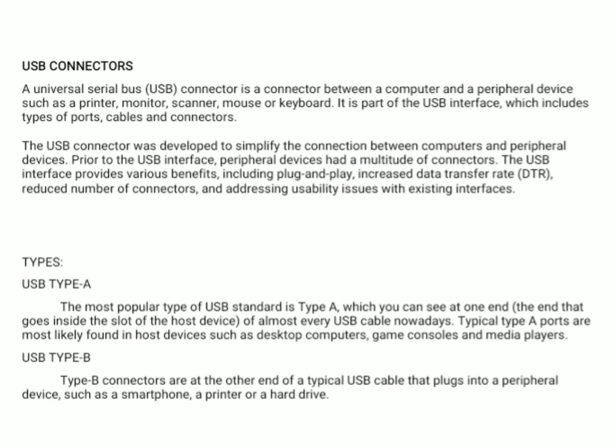Prior to the USB interface, peripheral devices had a multitude of connectors. The USB interface provides various benefits, including plug and play, increased data transfer rate or DTR, reduced number of connectors, and addressing usability issues with existing interfaces.